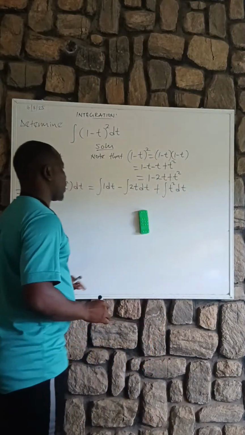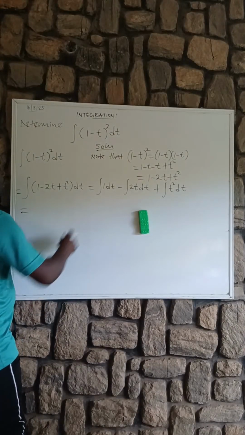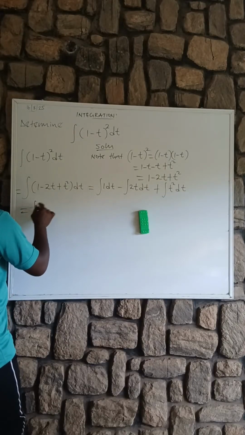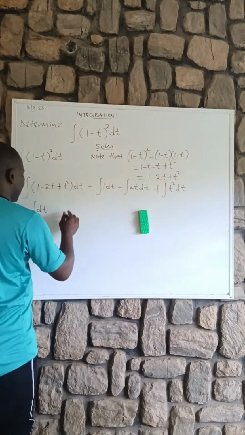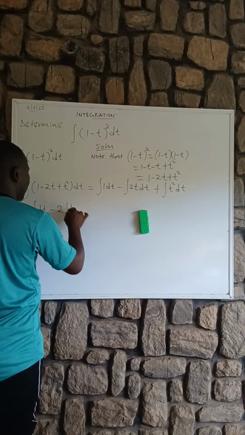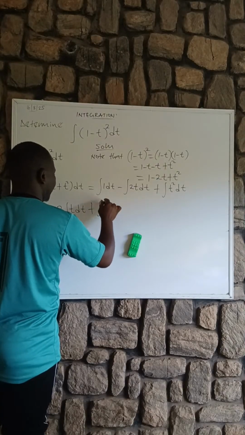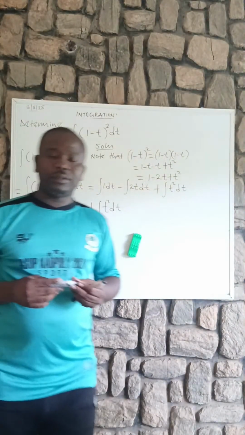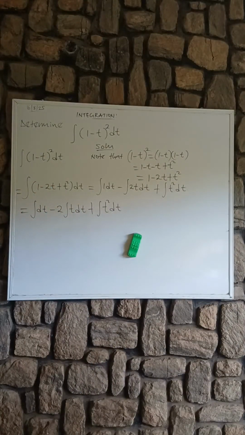True or false? It's true. So we just write dt minus, we can factor out 2, 2 is a constant, integral t dt, then plus integral t squared dt. True or false? Look at the board. True, right?